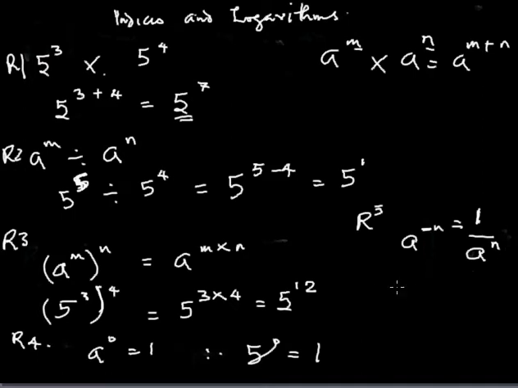Take for instance, 3 to the power minus 3, which is 1 over 3 raised to power 3, which is 1 over 27.